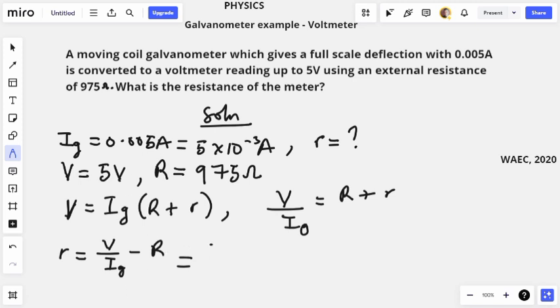If you substitute your values into that, our V is 5, divided by I subscript G, which is 5 times 10 raised to minus 3, then minus 975.